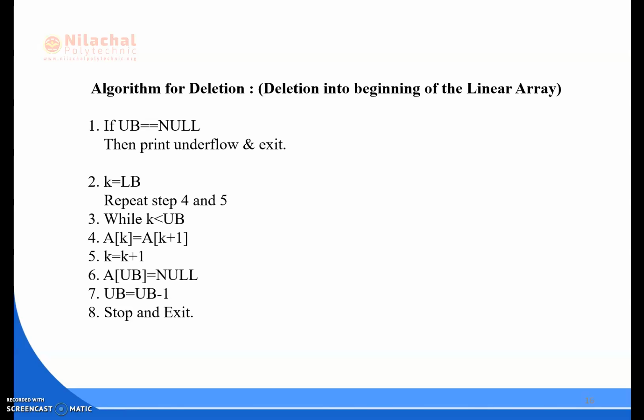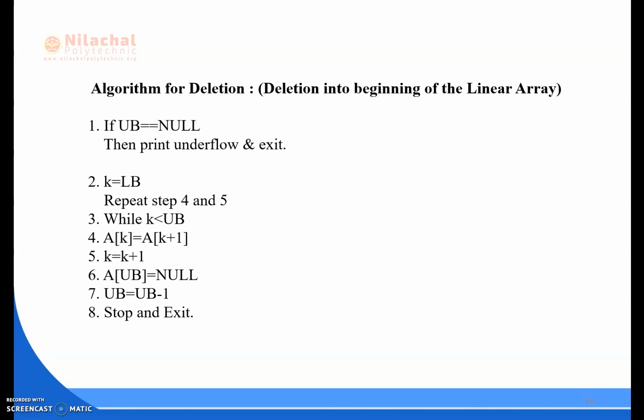If it does not satisfy the condition, that is upper bound is not equal to null, then we will be running the second step. In second step, we have taken one variable k and assigned it to the lower bound. So in second step, k is equal to lower bound.